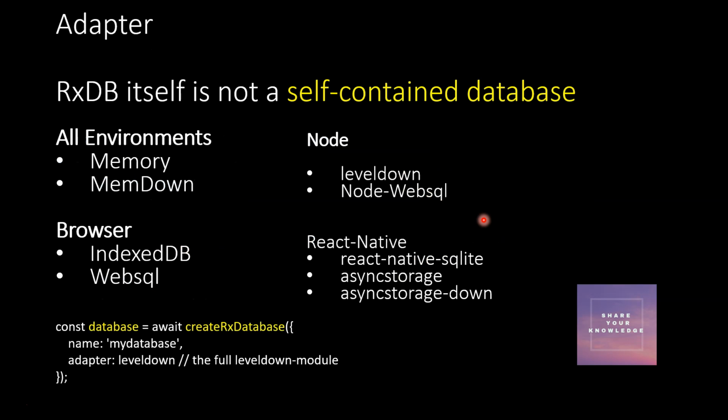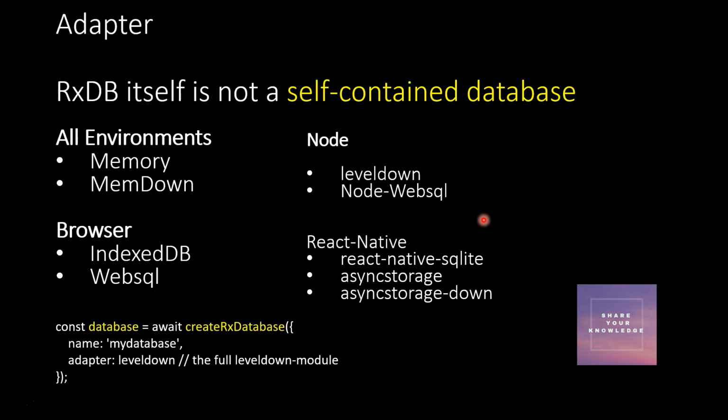The next thing is the adapter. As I told you, RxDB is not a database by itself, so you can change the adapter you want, based on which it will save the data accordingly. Maybe it will save it in a file system or IndexedDB.